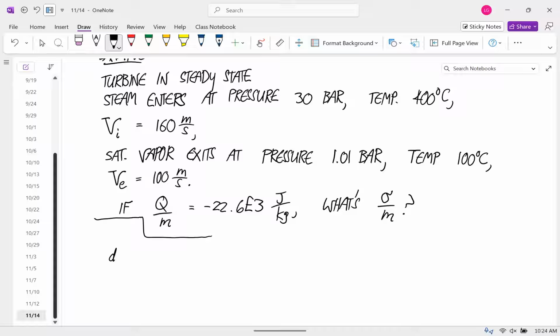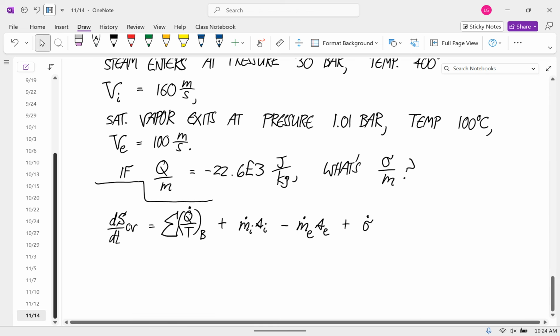So dS/dt for the control volume is equal to the sum of all the Q dots over temperatures around the boundary, plus m_i dot times the specific entropy at the inlet minus m_e dot times the specific entropy at the exit, plus sigma dot, the rate of entropy production.